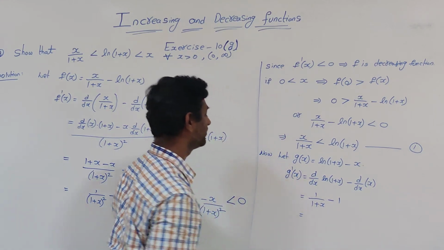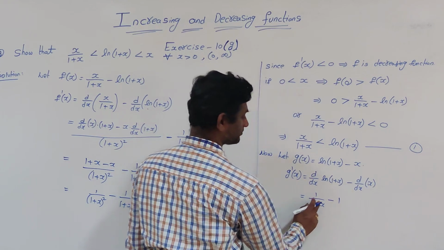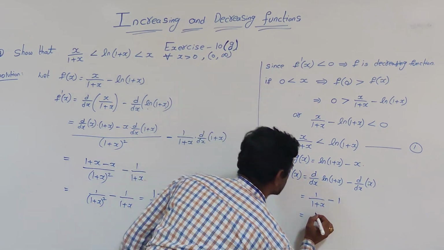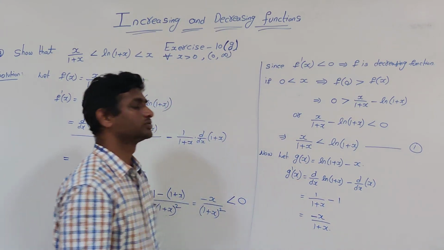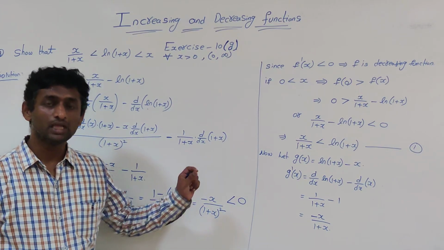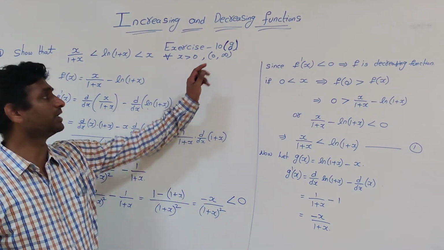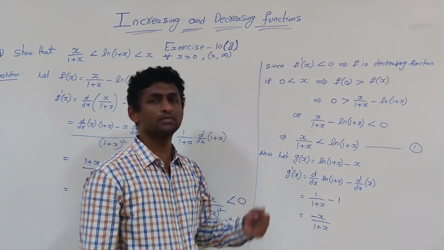If you simplify, you get minus x by 1 plus x. So again the critical points will be 0 or minus 1, but both points do not exist in the domain. So there are no critical points.